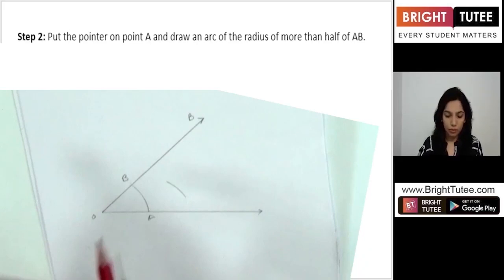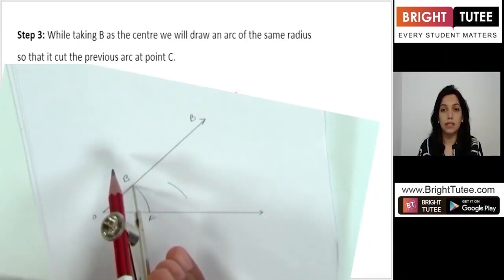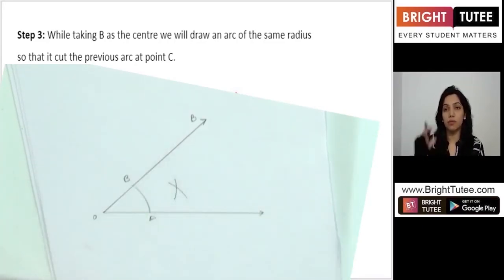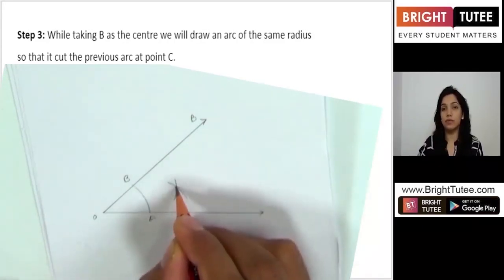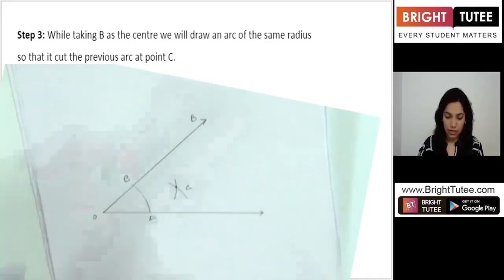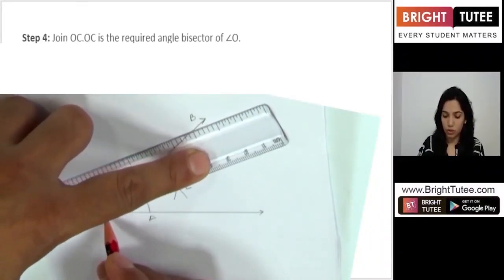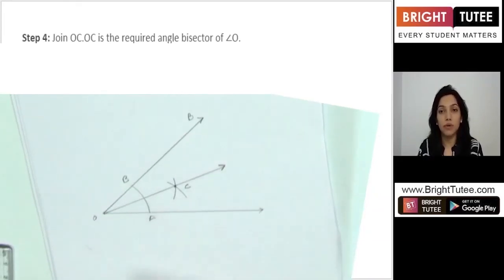Simple. Now repeat the step by keeping the point at B. While taking B as the center, we will draw an arc with the same radius. So we don't disturb the compass, we make another arc from the point B. Make sure that it is cutting the previously drawn arc at point C. So we have marked it as point C. Now, simple, you just need to join this vertex point O to this point C. And what you have observed is the required angle bisector of angle O, right?